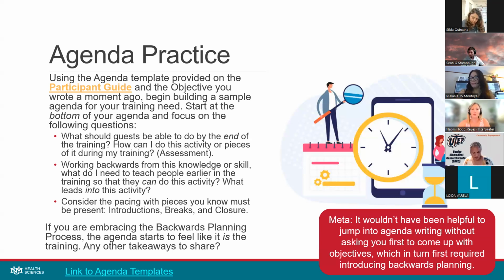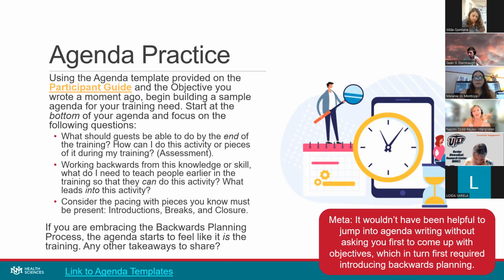My internet cut out. So I was saying that before we go back to the participant guide to actually practice building your agenda, there are just a few questions to keep in your head throughout that process. And those questions are on the screen right now. The same question we've had a lot over and over. What should guests be able to do by the end of the training?